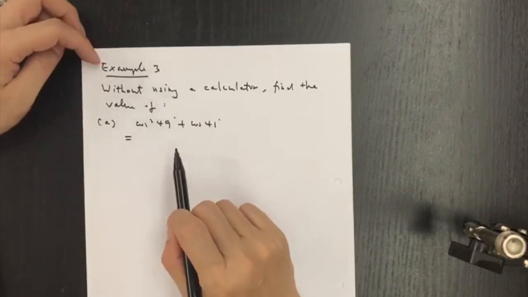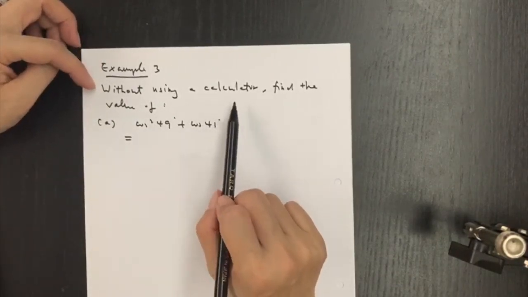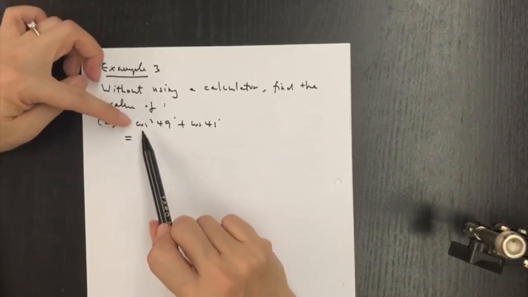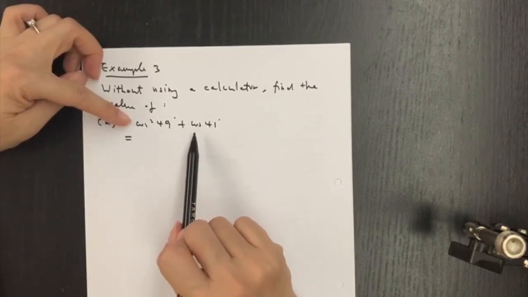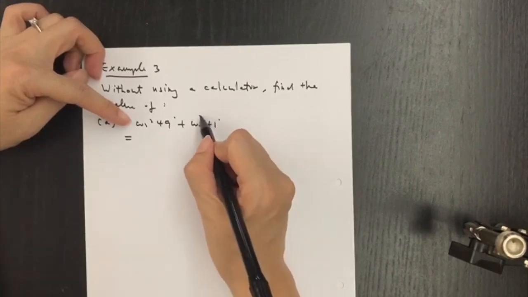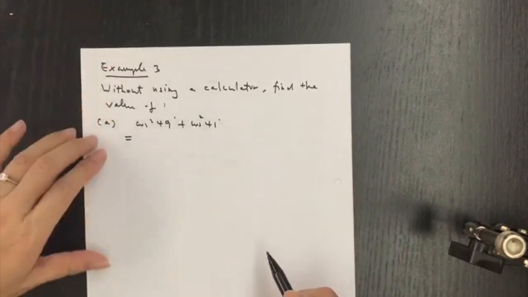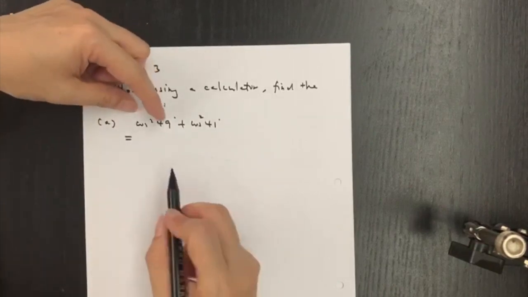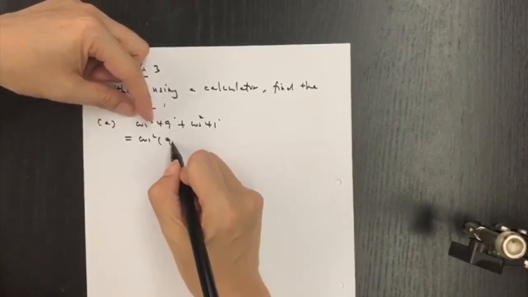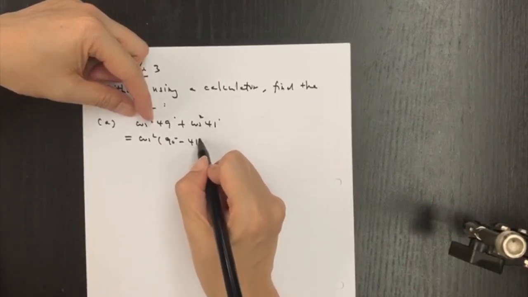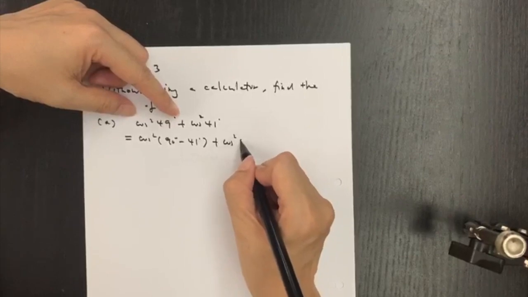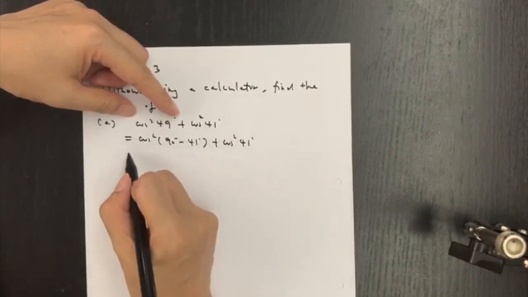Okay, next we have example 3. Here we don't use a calculator, and we need to find this expression, which is cosine square 49 plus cosine square 41. So this is the question. Now I'm going to change this cosine square 49, which is the same as cosine square of 90 minus 41, because these two are complementary angles, plus cosine square 41.